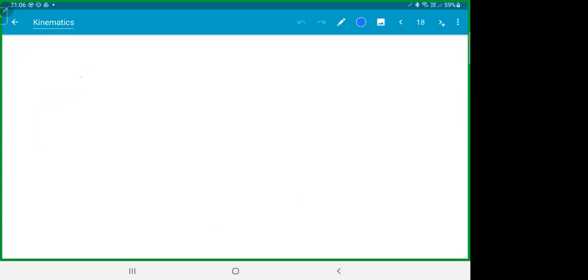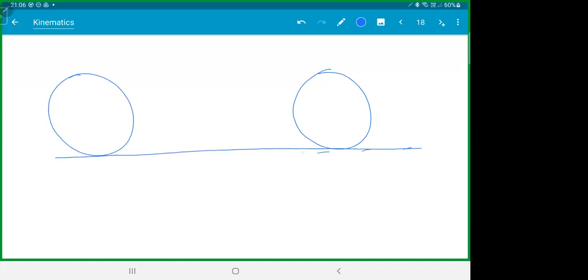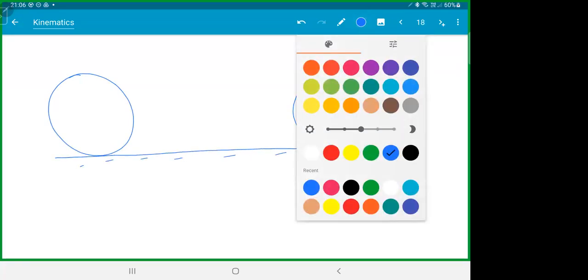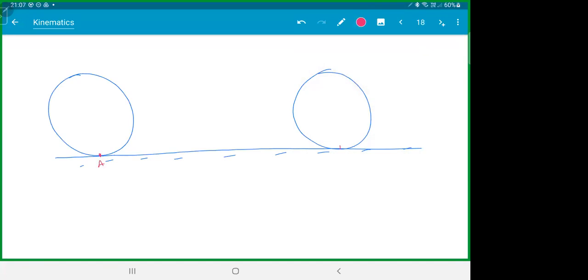So what I am asking here is, in one revolution, this point A from here goes here, but the A actually has traveled this way. This is your distance. This was your displacement.